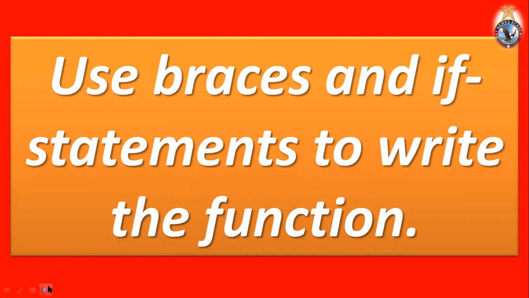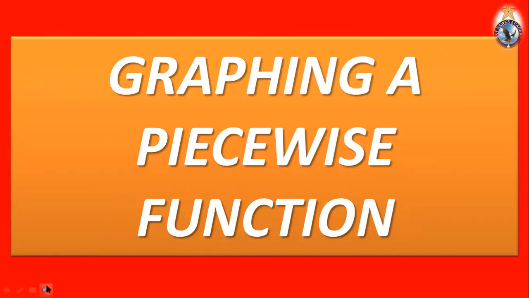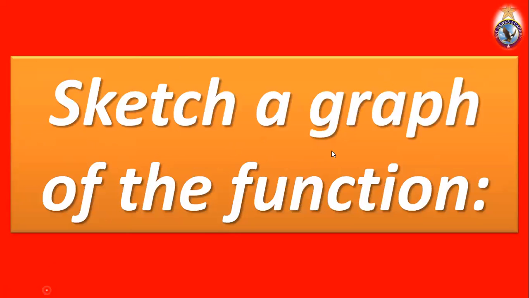Now let's see the graphing of a piecewise function. Here you will see the exact example of what we have to do when graphing a piecewise function. That was actually the problem, and that was a screenshot. But anyhow, we are solving the example to make it clearly understood. So sketch a graph of the function.